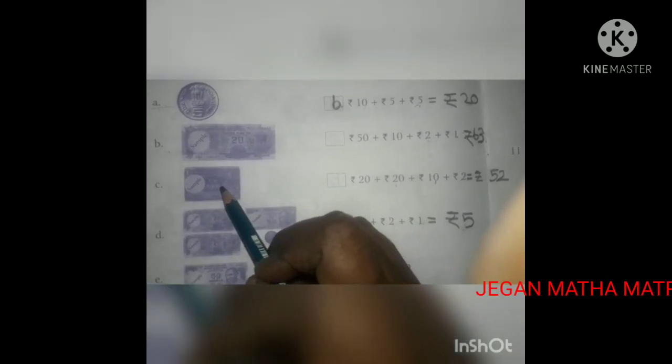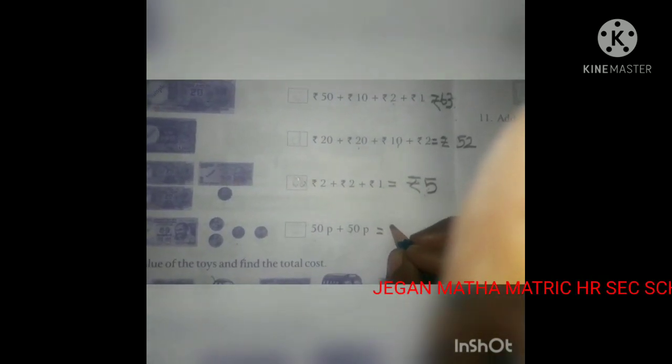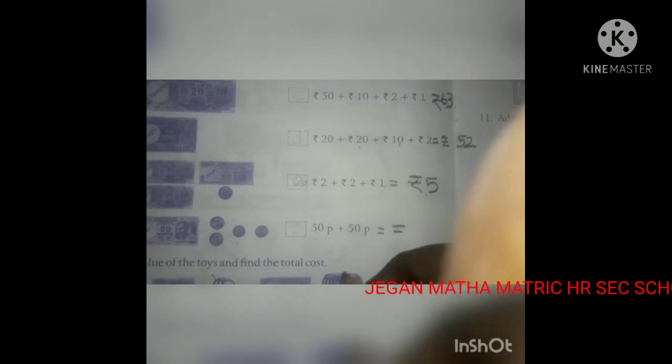Look at this rupee note. 1 rupee. Just only 1 rupee. Where is 1 rupee present? Is 1 rupee present here? No. So where is it present? It is here. Listen here carefully. These are notes. Okay. This one is a coin. See paise. 50 paise plus 50 paise. Altogether how much? Rupees 1.